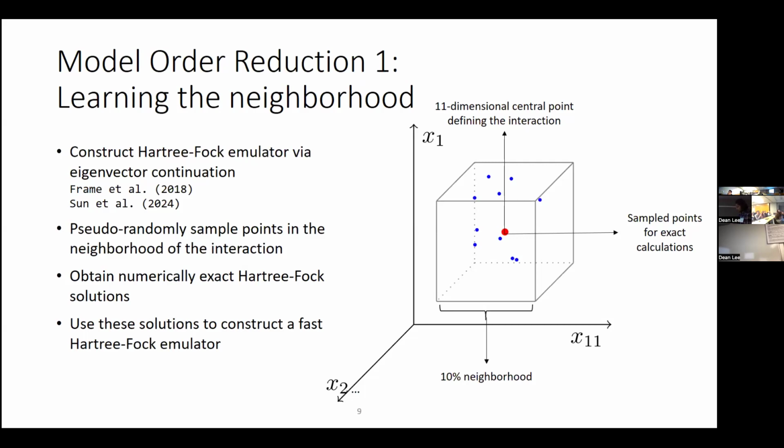That process is represented schematically on the right. We have an 11-dimensional space in which the set of low-energy coefficients lives, and the interaction that I'm working with corresponds to a specific point in that space. The values of the LECs correspond to this point here.